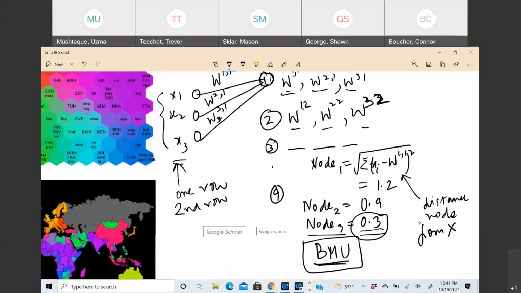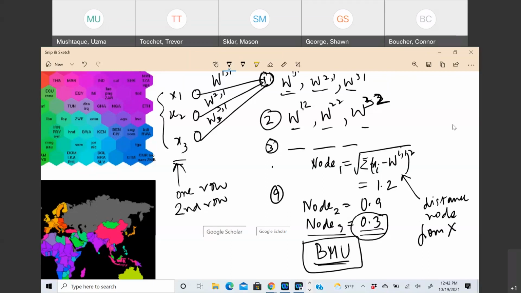Maybe there you'll find another best matching unit. But what you're trying to do is find a centroid for that new point. So it could be the same best matching unit or it could be a different one. But then you're going to update based on that best matching unit. And then eventually you're going to pull that point closer to your centroid and so on.